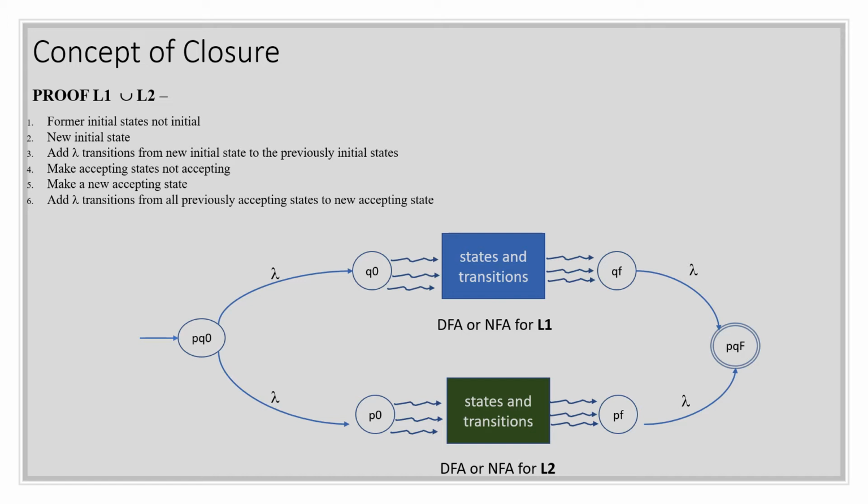Procedure Bob could also be used for the reverse of a language, for the concatenation of languages, and for star closure of a language. So go back and review the other video on how useful procedure Bob can be to simplify showing the closure of some of the operations on regular languages.